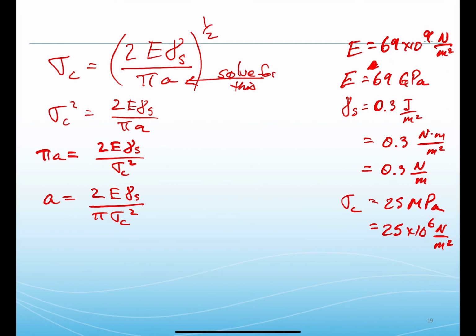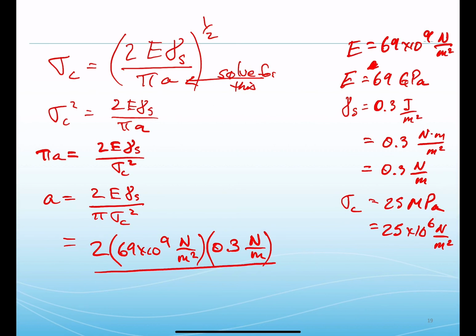So with those, I think we can populate our equation and see how units will cancel. So 2 times the modulus value in pascals, or newton per meter squared, is now 69 times 10 to the 9 newtons per meter squared, times the surface energy value, which we've transformed into newtons per meter, 0.3 newtons per meter.